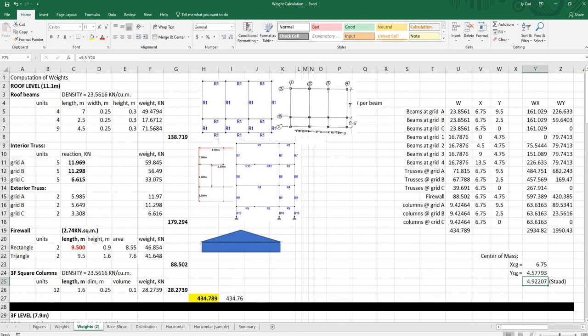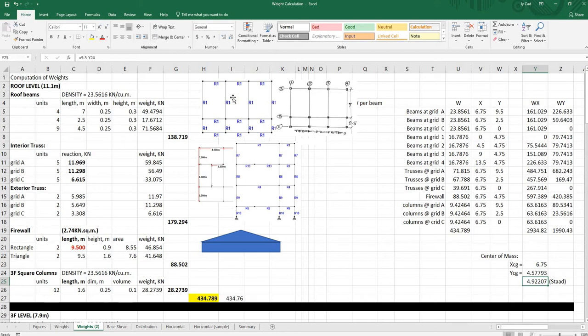Yan. And then, si STAAD naman, take note, yung kanyang reference, ang origin niya nandito sa upper left. Okay? Pero sa sample natin dito, ang origin natin nasa lower left. Okay? Yung figure dito sa ating sample, nasa positive x-axis tsaka positive y-axis.